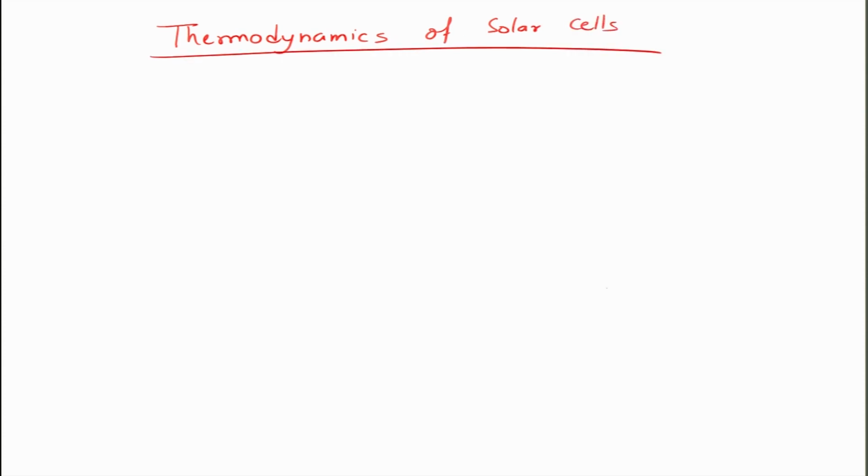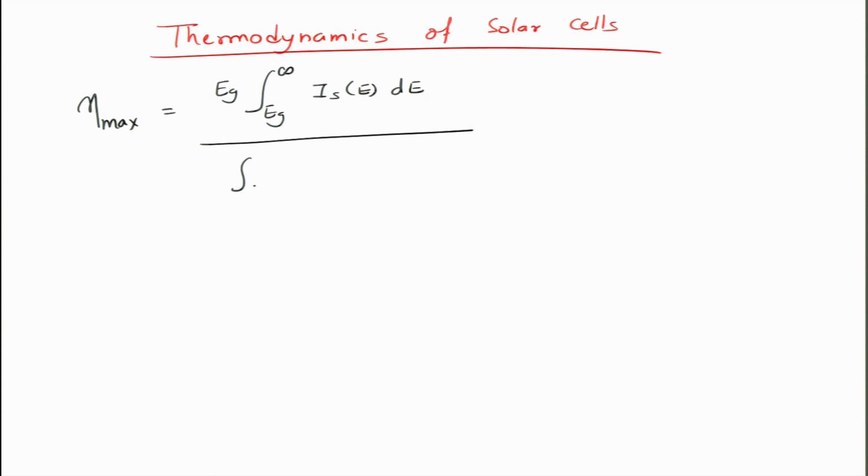So, this leads to maximization of efficiency, eta max, which means all the photons of energies above Eg are absorbed.